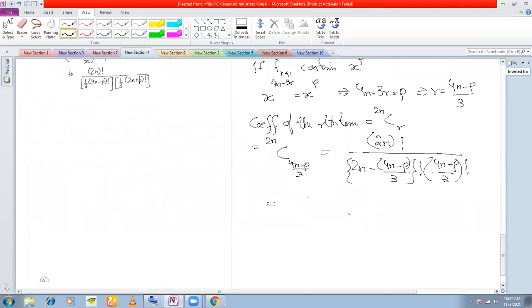So which is equal to 2n factorial divided by 2n plus p by 3 factorial into 4n minus p by 3 factorial, right?